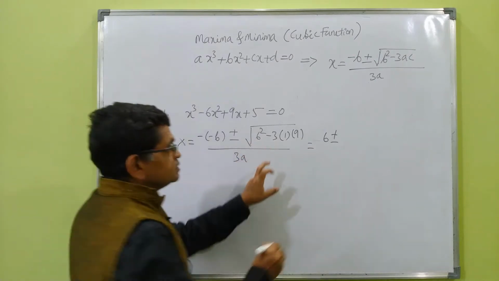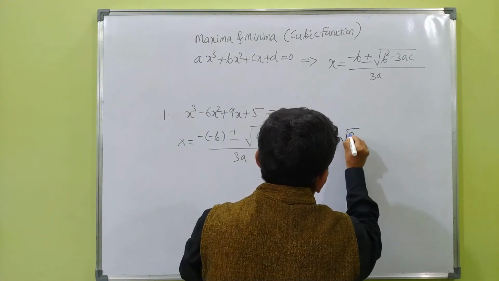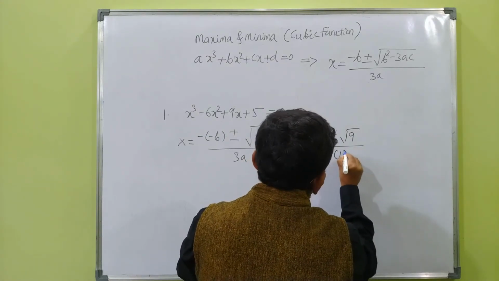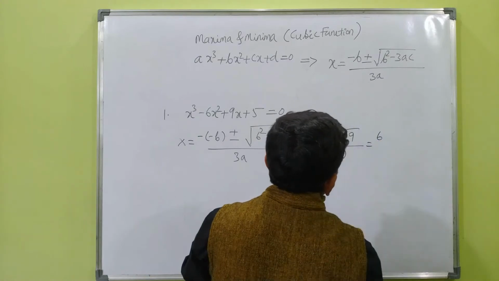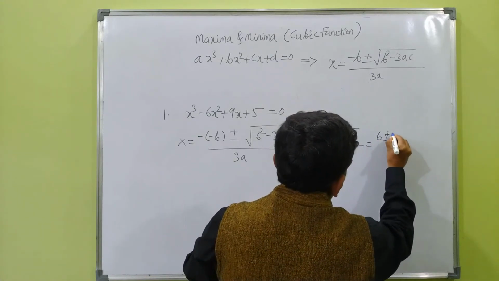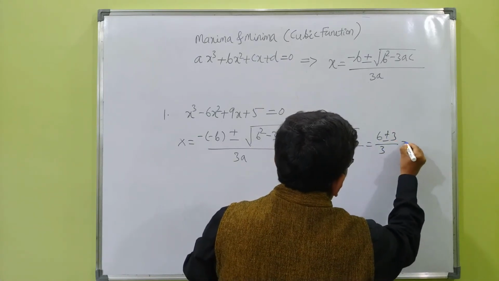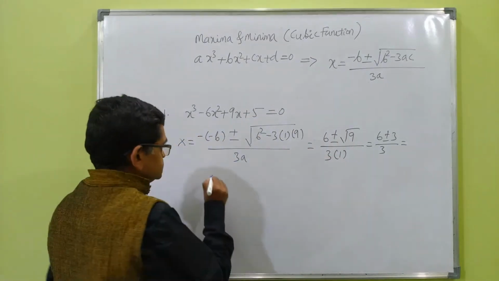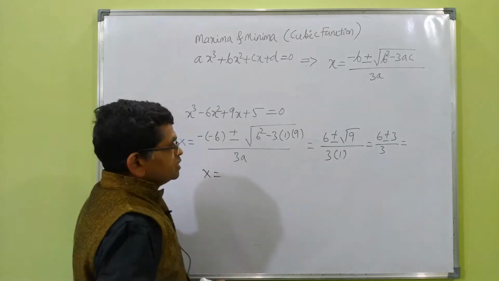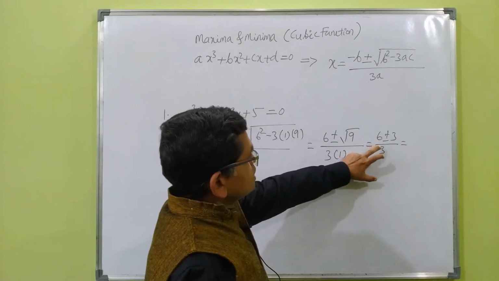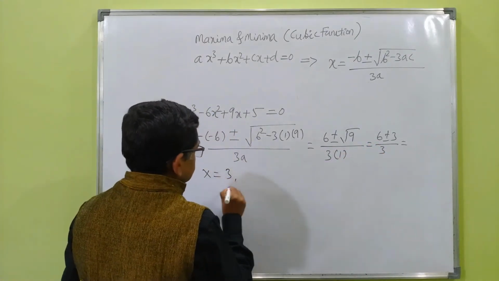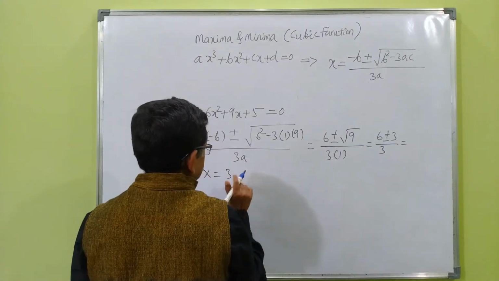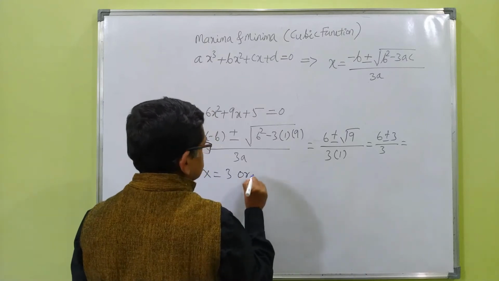It is 9. Square root of 9 divided by 3 into 1, or 6 plus or minus 3 divided by 3 means, if it is plus, x is equal to 9 by 3 is 3, or if it is minus, this is 1.